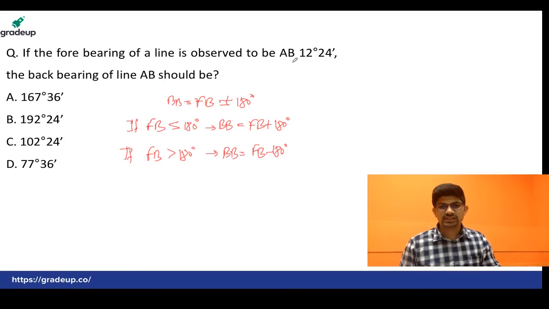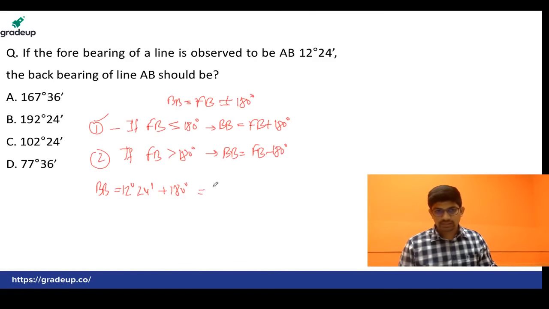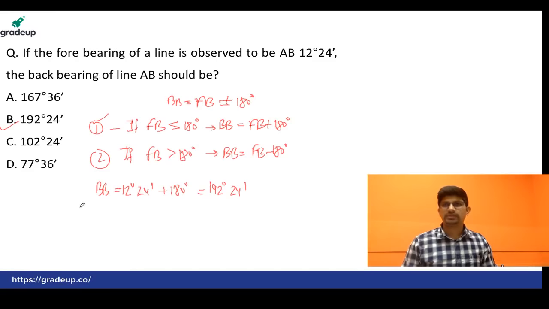This is the first case, this is the second, so ours is the first case. So the back bearing will be 12 degree 24 minutes plus 180 degree, which is 192 degree 24 minutes. That is option B. So B is our correct answer to this question.